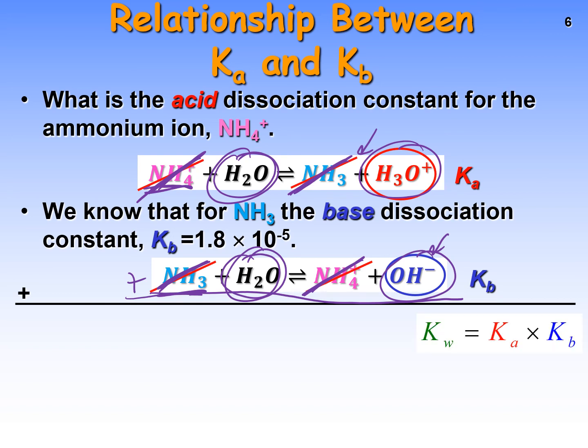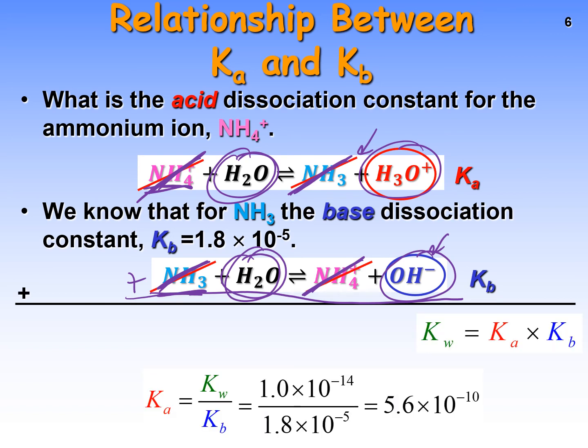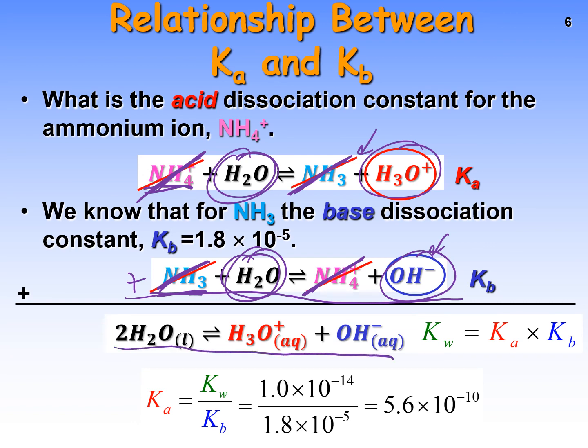So if we add these two equations together, we get this equation. If you don't remember, this is the equation for Kw, which means, what's our rule for adding two equilibria? Well, we learned that back in chapter 15. When we add two equilibria, we multiply their equilibrium constants together, and that's why this whole equation works out.